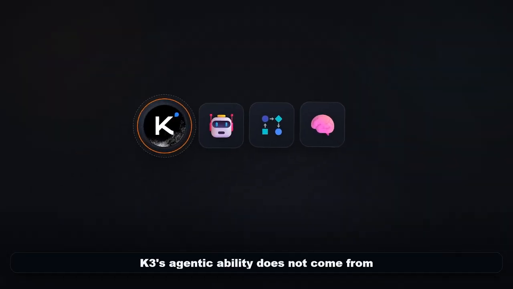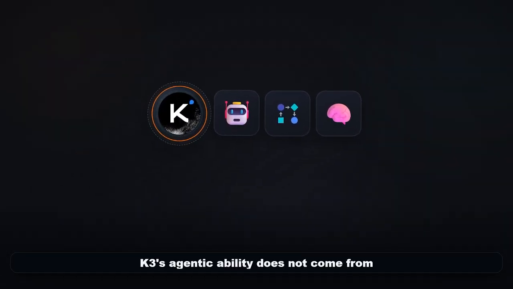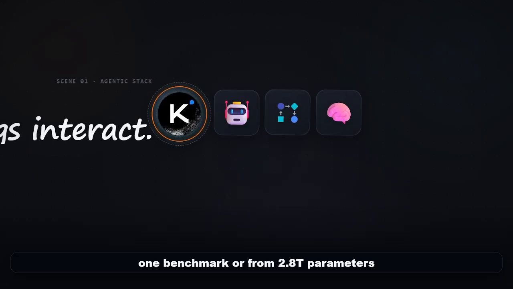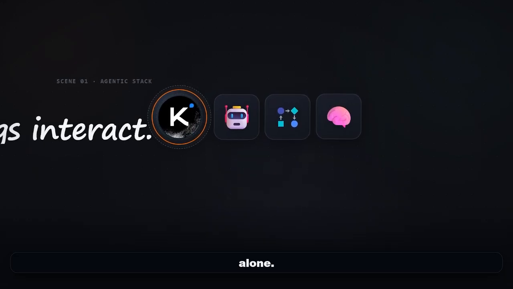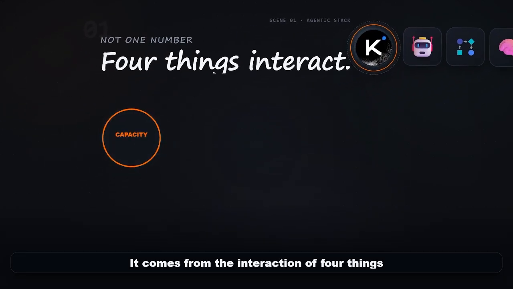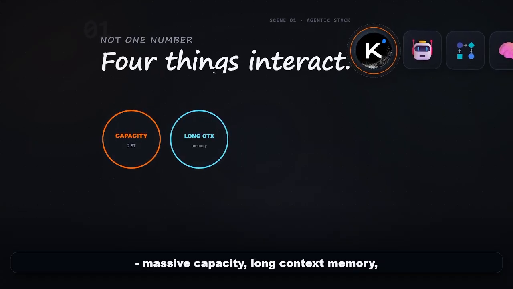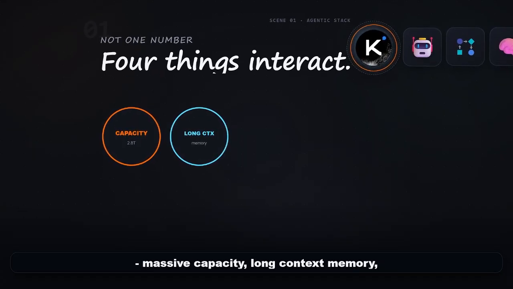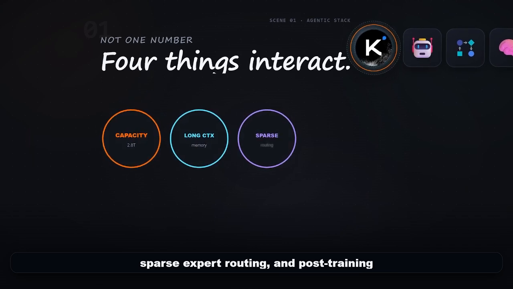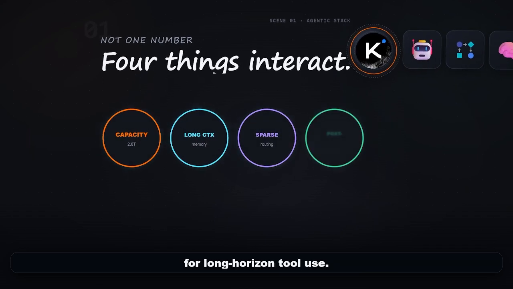So, K3's agentic ability does not come from one benchmark or from 2.8 trillion parameters alone. It comes from the interaction of 4 things: massive capacity, long context memory, sparse expert routing, and post-training designed for long-horizon tool use.